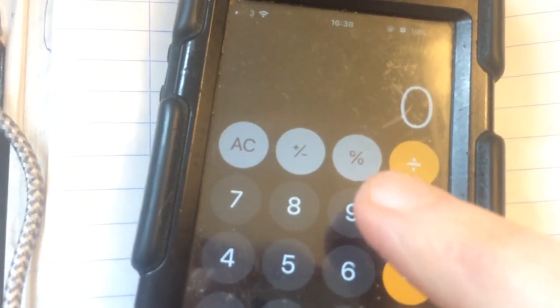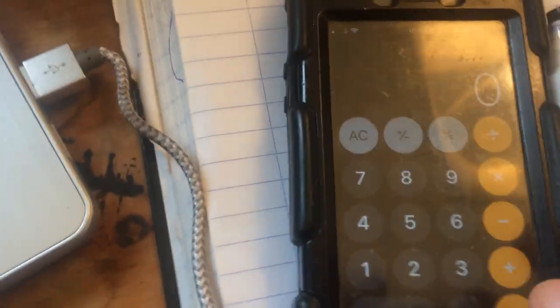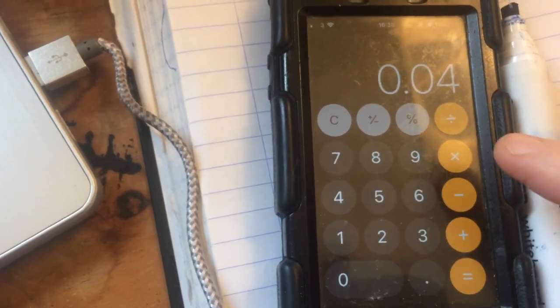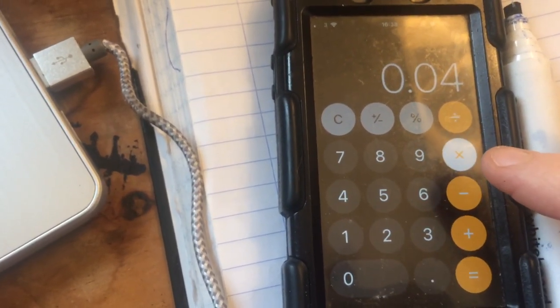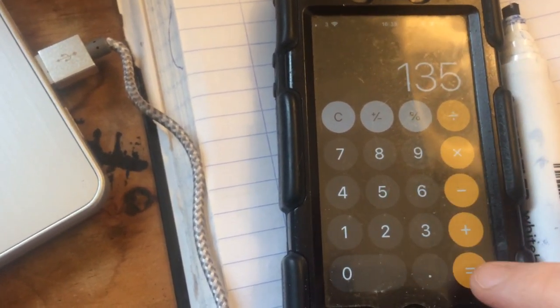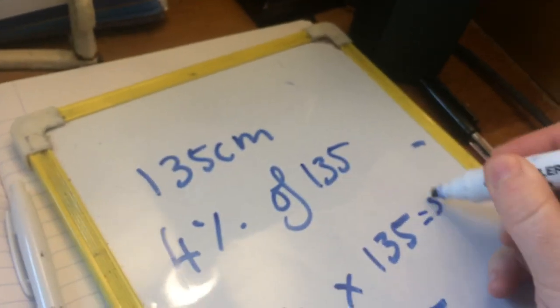All right, so we'll do both. Okay, so we're going to do 0.04. It's kind of hard to do it and do the video at the same time, so just watch. 0.04 multiply by 135 equals. So your answer there is 5.4.